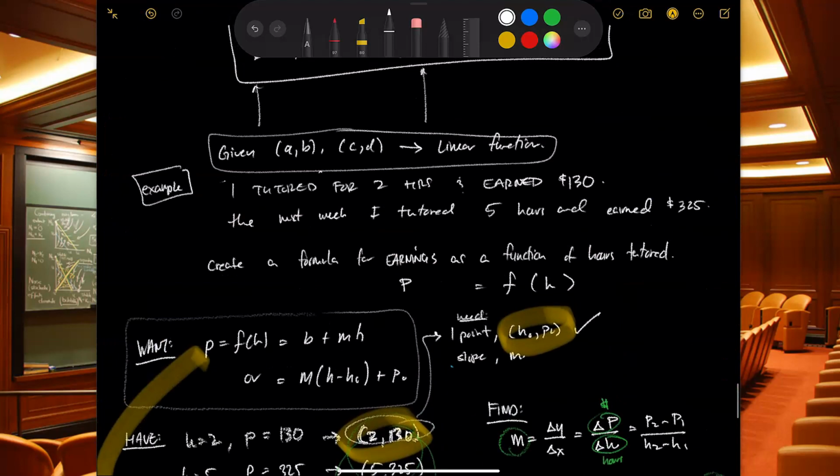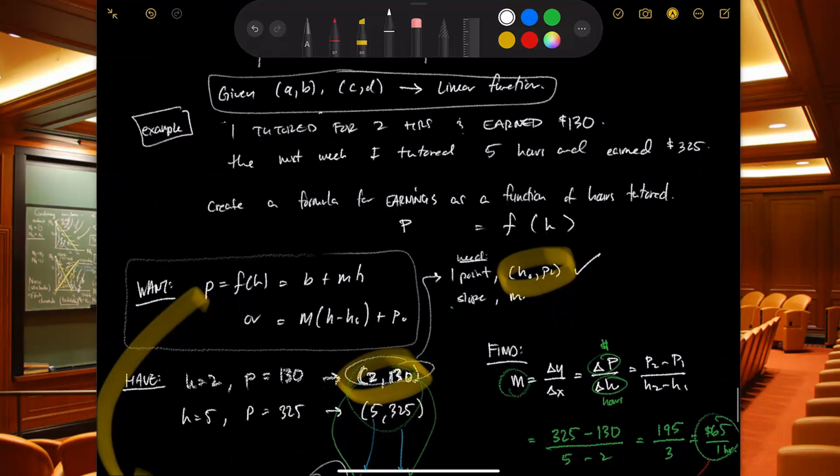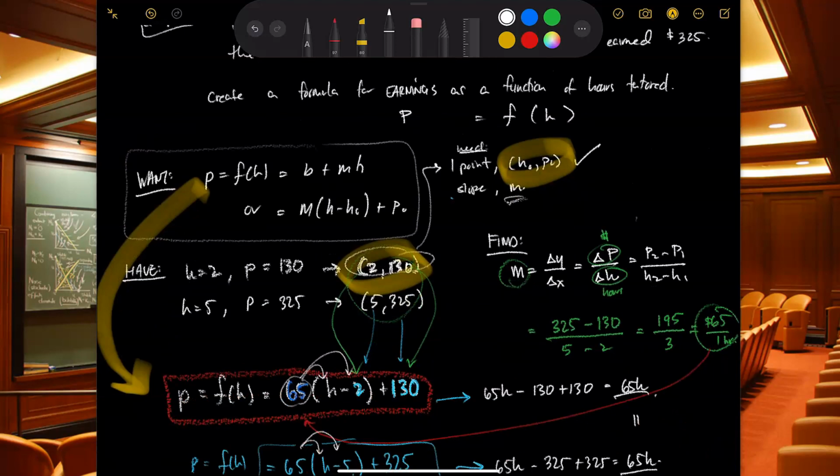So if you're given 2 points and you're not given the slope, but you need to find a linear function, you still need that slope, but since you have 2 points, you can go in and find it. So these are the different kinds of variants of problems you'll see in this unit, and moving forward: I'm given a point and a slope, or I'm given the y-intercept and the slope, or I'm just given 2 points.